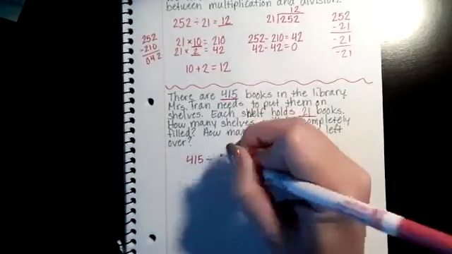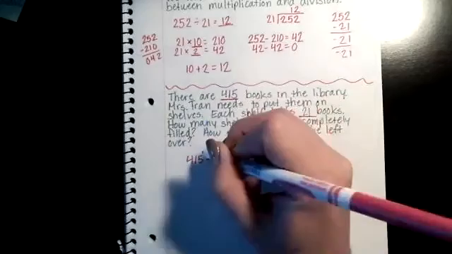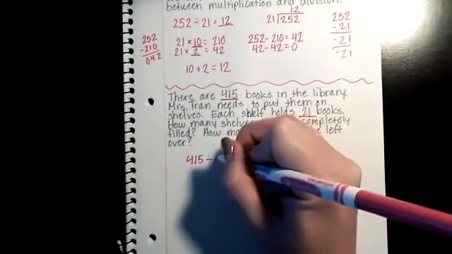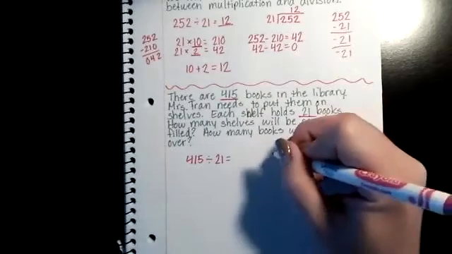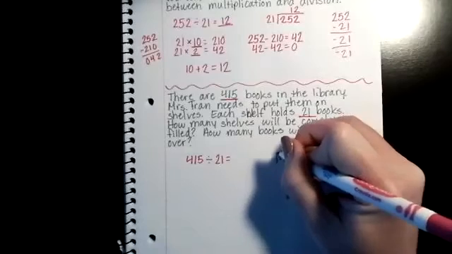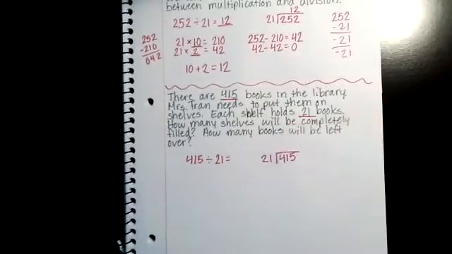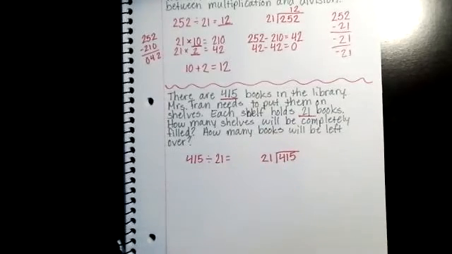If shelves confuses you, you can think of it as groups. 415 into groups of 21. All right, I can also set this up like this. 415 divided by 21, okay? Different ways of showing the same problem.